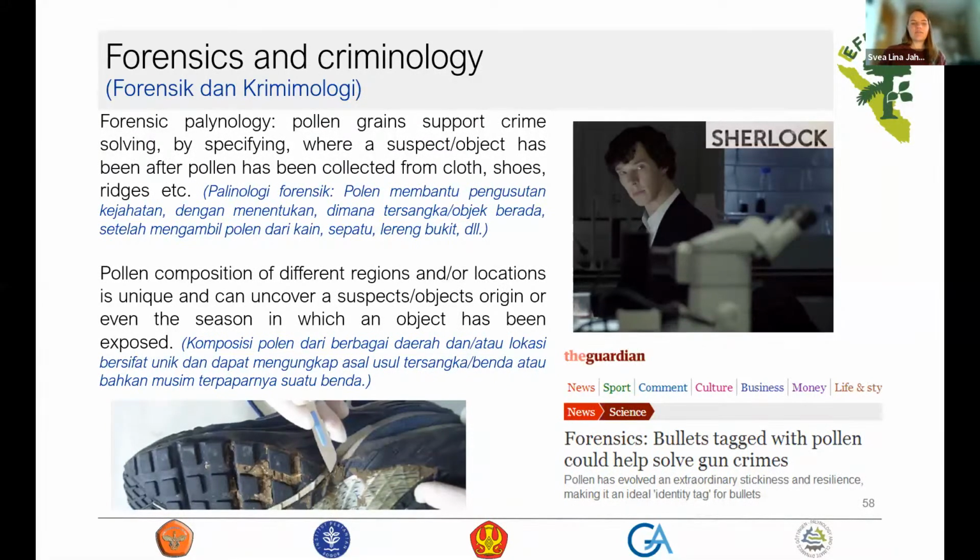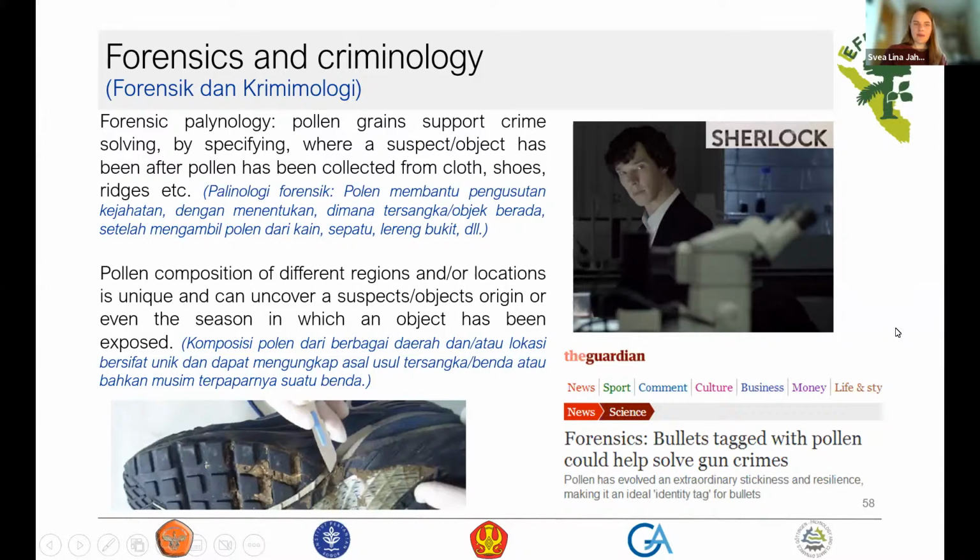And this can uncover the origin of the suspect or object, and even sometimes the season in which an object has been exposed, because, for example, in Europe, plants flower only in spring and summer, and in winter they don't flower anymore. So when we find a lot of pollen on the clothes, we know it had to be there in spring or summer.